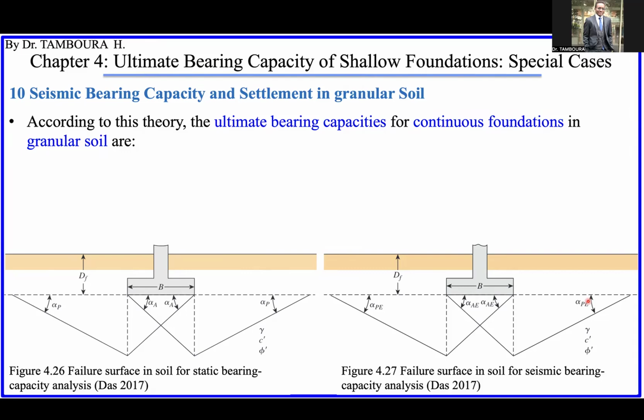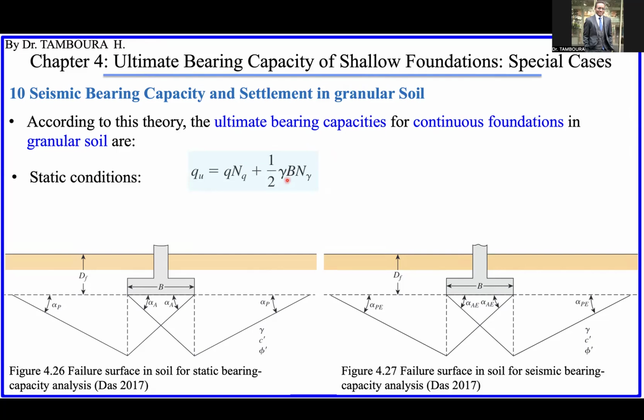So according to the theory, they gave the ultimate bearing capacity in granular soil, please remember that, for the static condition. It means no earthquake, normal condition, static condition, given in this form.